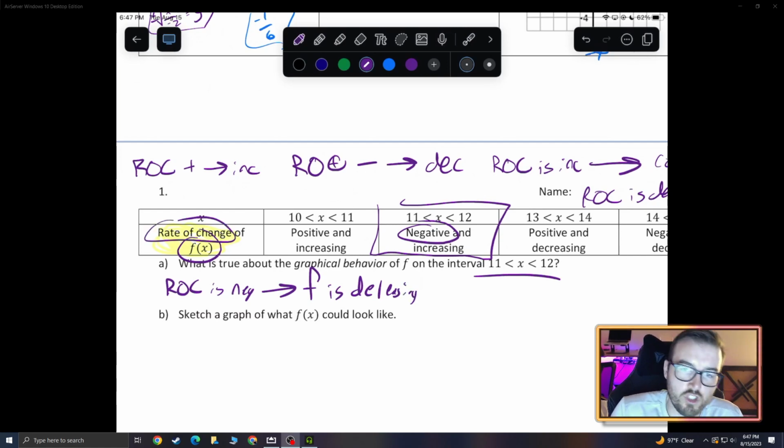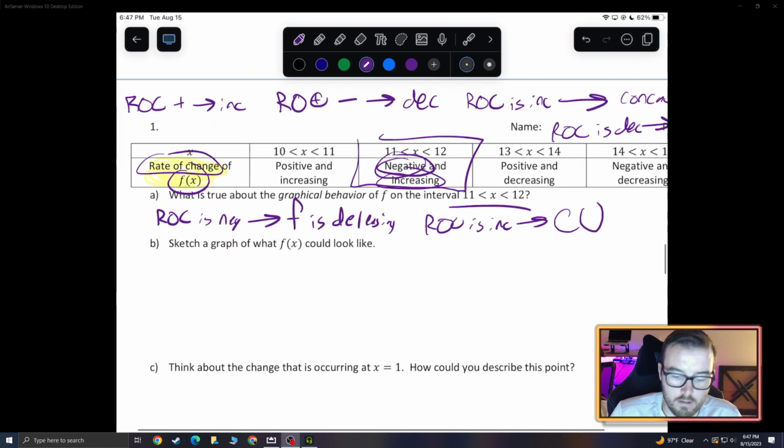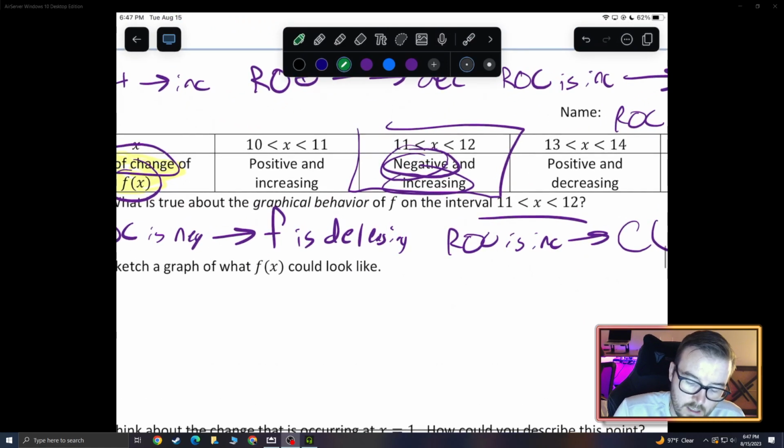And if the rate of change is increasing, the rate of change is still a negative number, but the rate of change is increasing. Again, what does that allow us to conclude about f itself? That the function is concave up. So think about that for each of these.